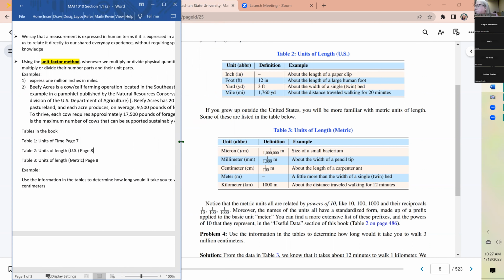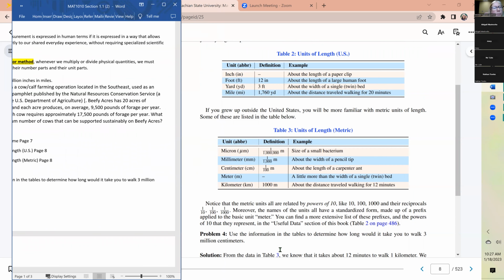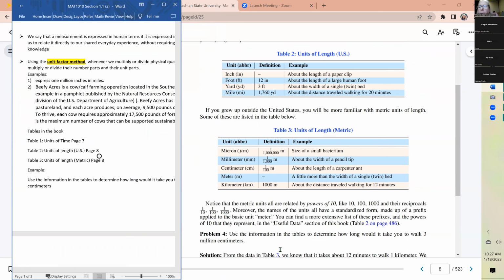So we have 3 million centimeters. Use this information to determine how long it would take you to walk 3 million centimeters. All right. One thing we could look at here, we have centimeters.